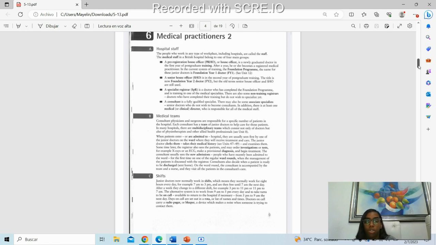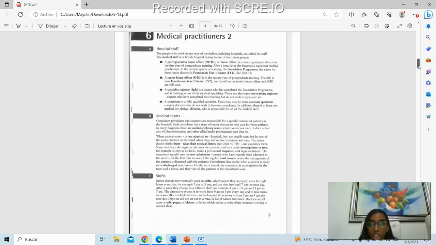The junior doctor takes the medical history and performs an examination, then sometimes later the registrar assesses the patients and makes all the investigations, for example, X-rays or ECG, makes a provisional diagnosis and begins treatment.